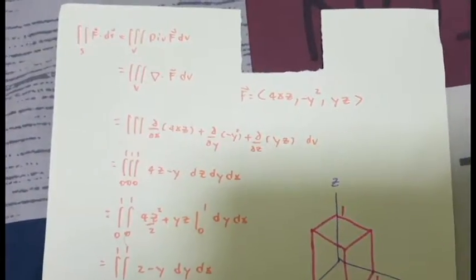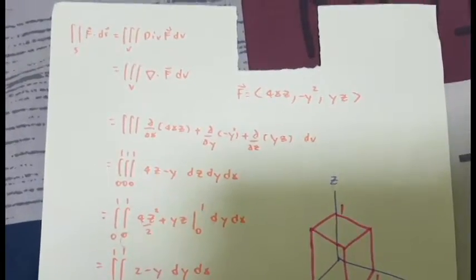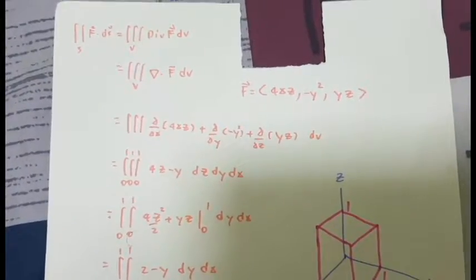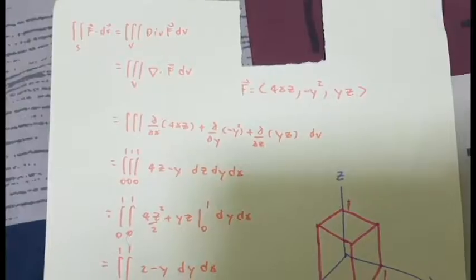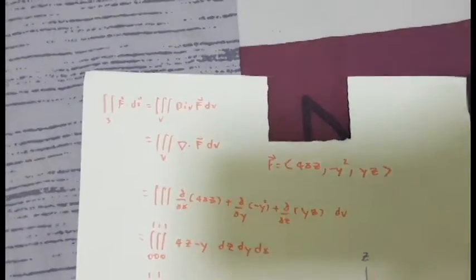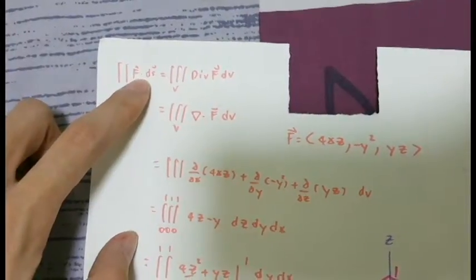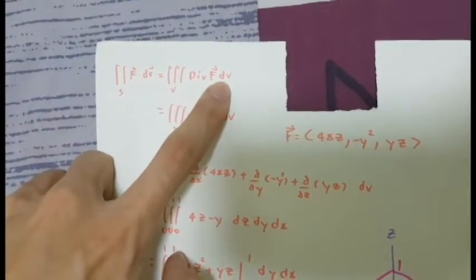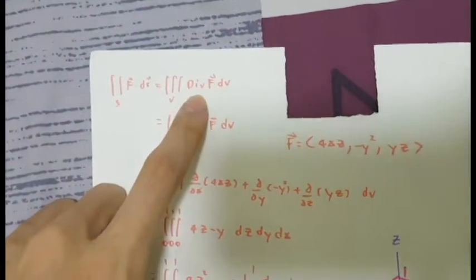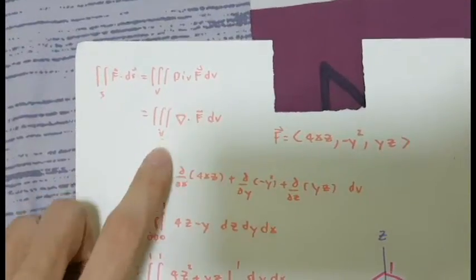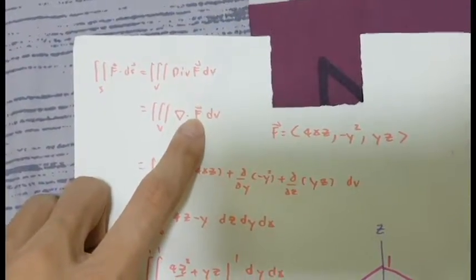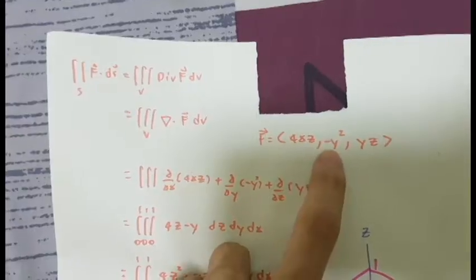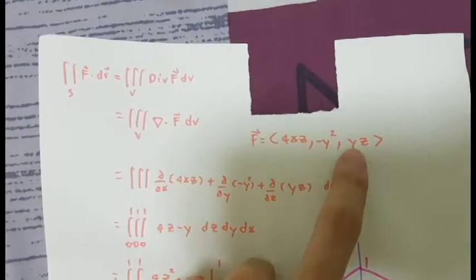Okay, next we will use another method to find the flux, in this case the divergence theorem, where the equation is the double integral of vector F dot dS equals the triple integral of div F dV. div F equals del dot vector F, where F equals 4x i minus y squared j plus yz k.